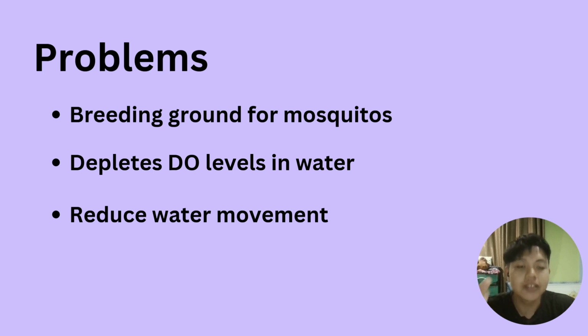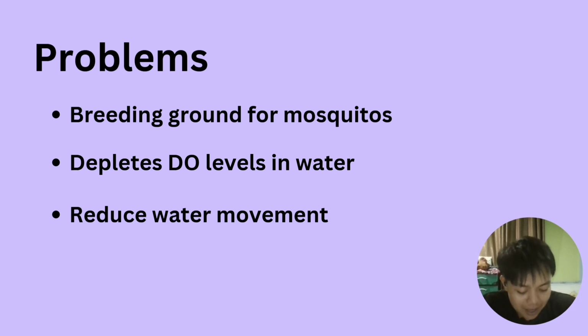This oxygen is used by our marine species such as our fish and other aquatic plants. So when the level of oxygen is reduced, it is quite hard for our plants to use it as some sort of nutrient.